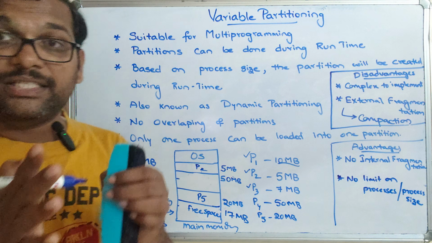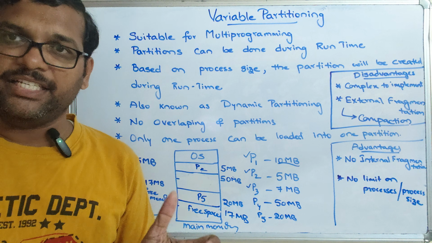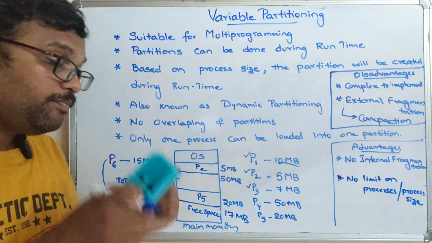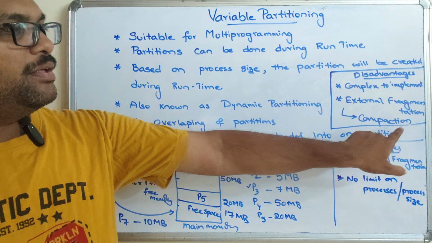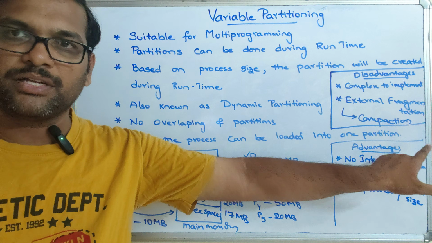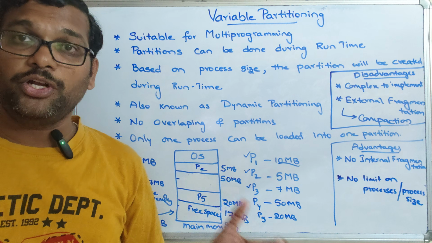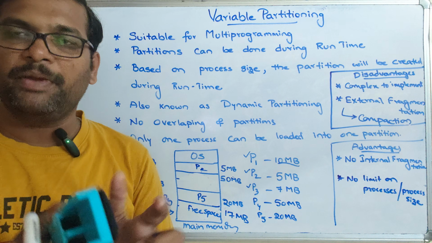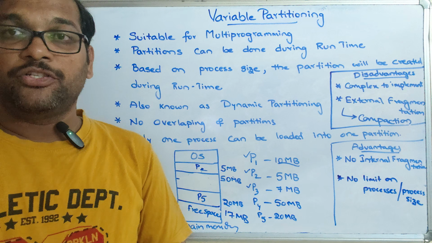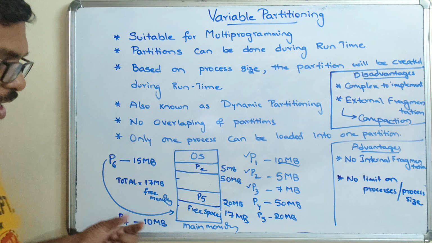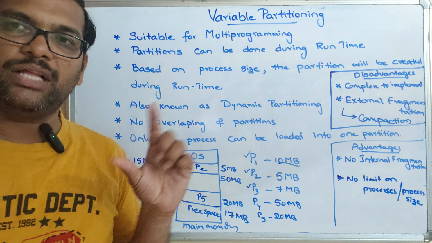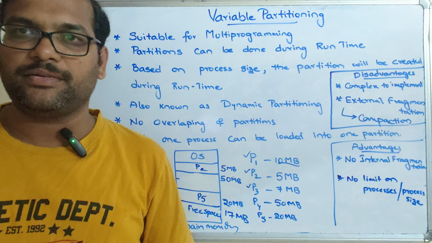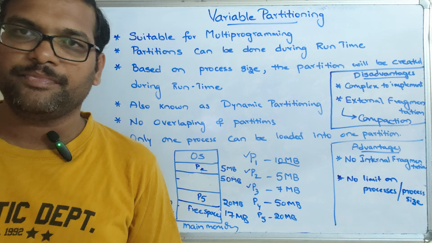So first it will check whether an available partition can accommodate the process. If not, then it will go with the compaction process. Is it possible to join two or more free partitions to make a single partition? If there is availability, then automatically P7 will be loaded into that partition. If not, it will check for compaction.